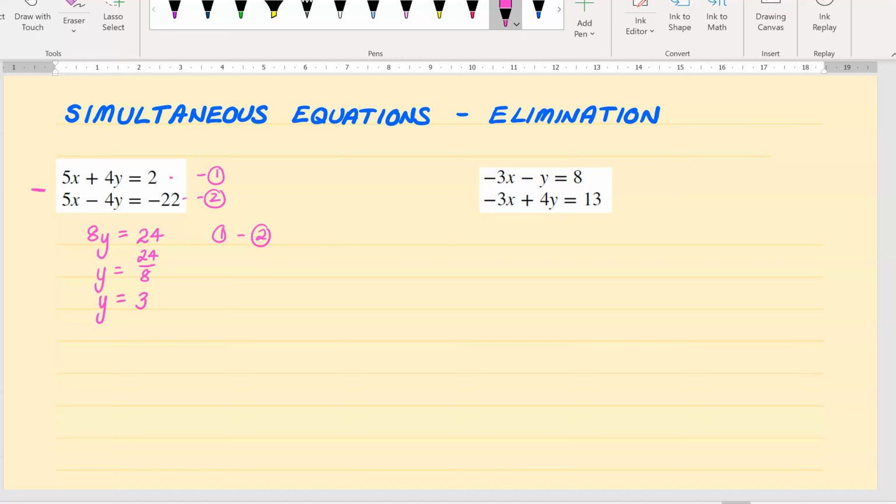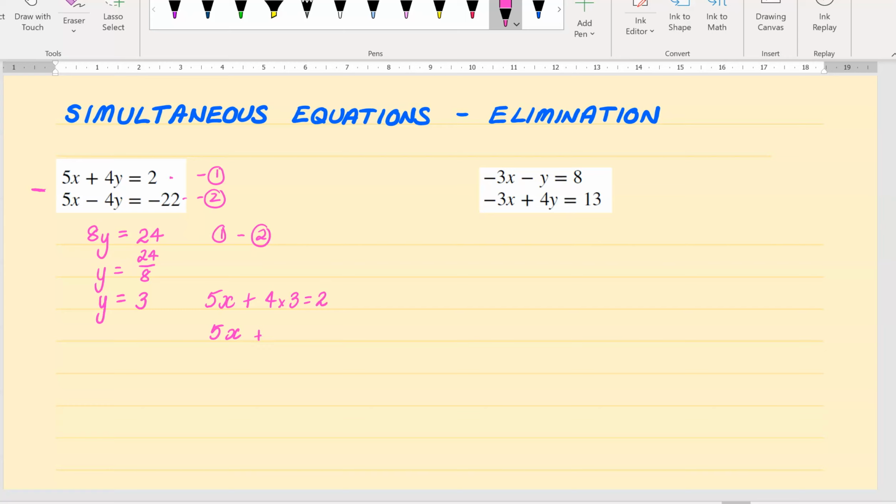So to find my x value, I can pick any one of these equations and put the y back in. So I'm going to pick the first one, so it becomes 5x plus, instead of 4y, we're saying y is 3, so this becomes 4 times 3 equals 2.